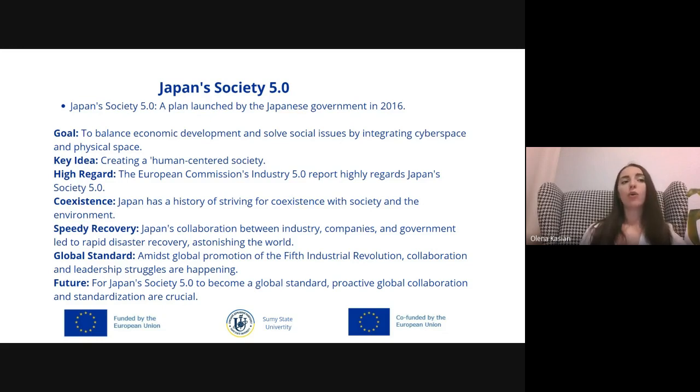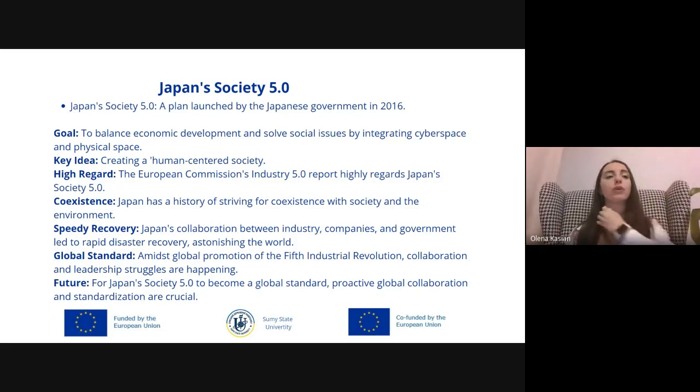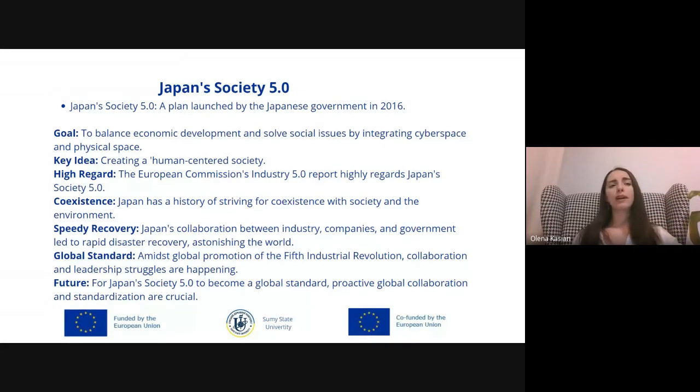Moreover, the overwhelming speed of recovery during disasters was achieved through the ties between industry, companies, and the government, which astonished the world. However, while various countries around the world are currently promoting the fifth industrial revolution, collaboration and leadership struggles aimed at global standardization are unfolding.